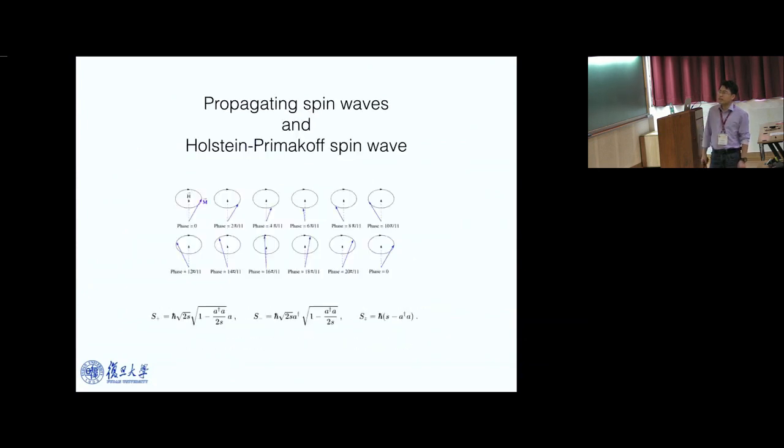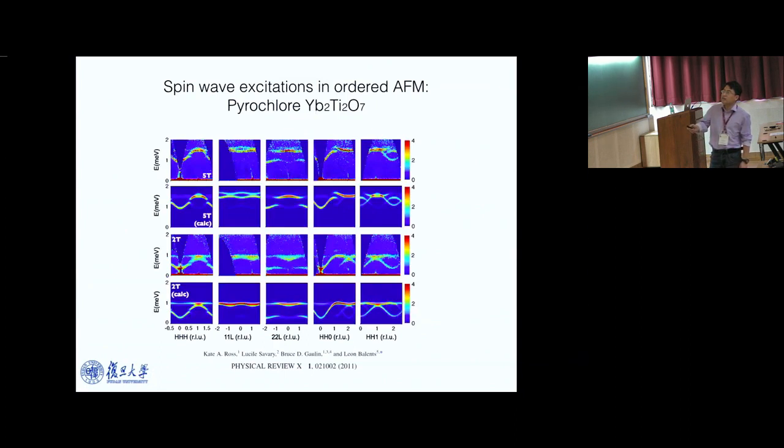antiferromagnetic state. This is the example of spin wave excitation in an ordered antiferromagnet, which is the material ytterbium stannate, a pyrochlore magnet.